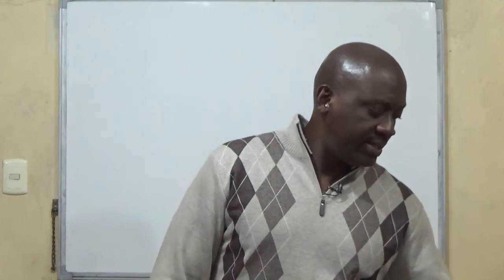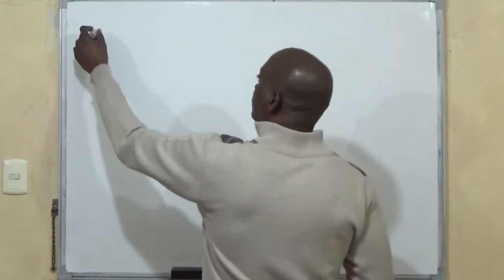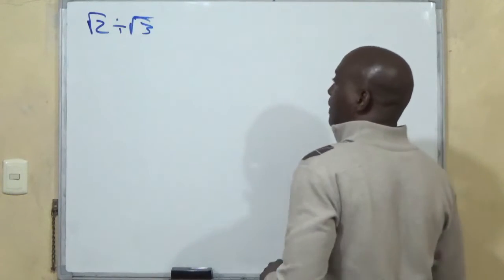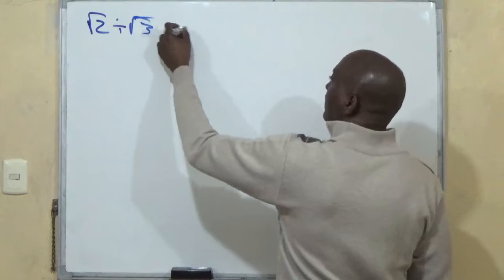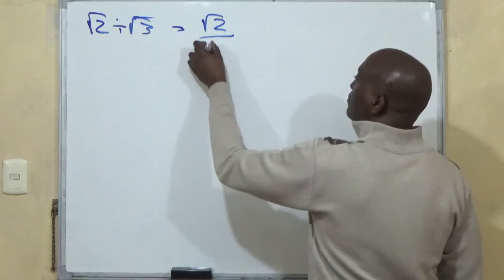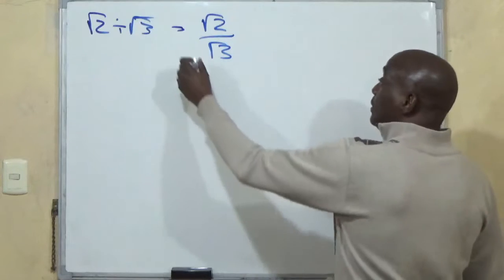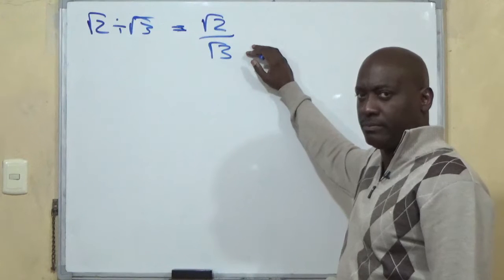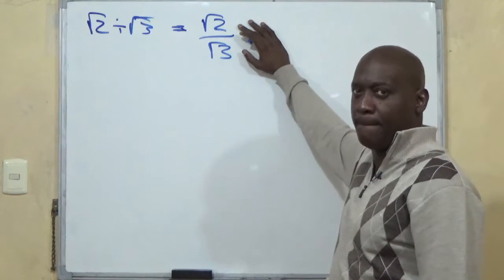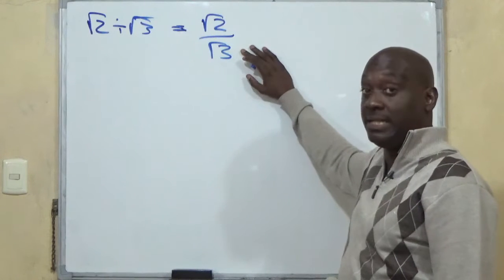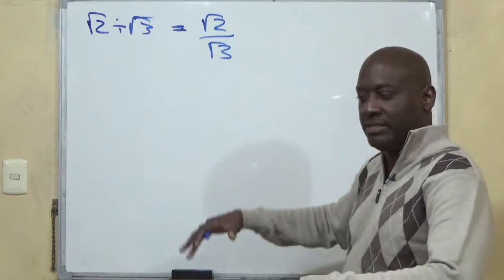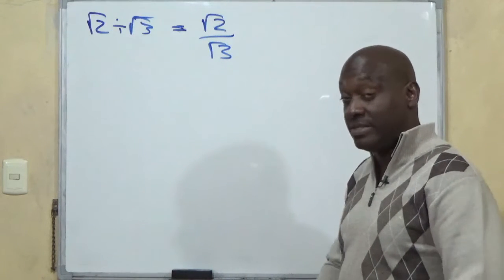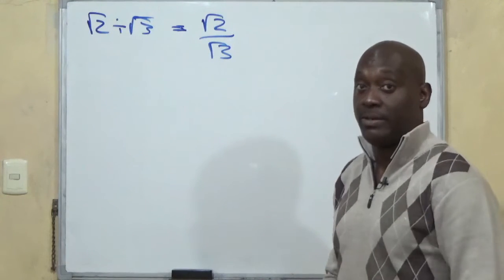If you divide two surds, let us say root 2 divided by root 3, we could write that as root 2 over root 3, which is to say that you have a simple surd in the numerator and a simple surd in the denominator. You represent division using fraction notation, which is very common. You would be aware of that by now.